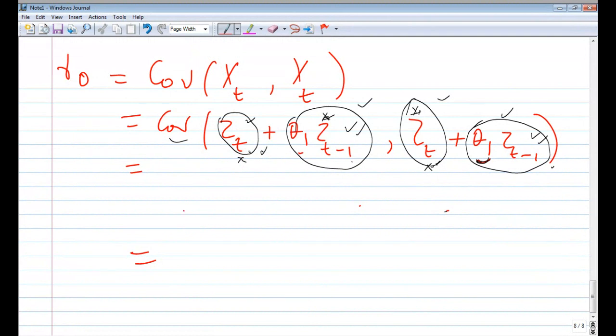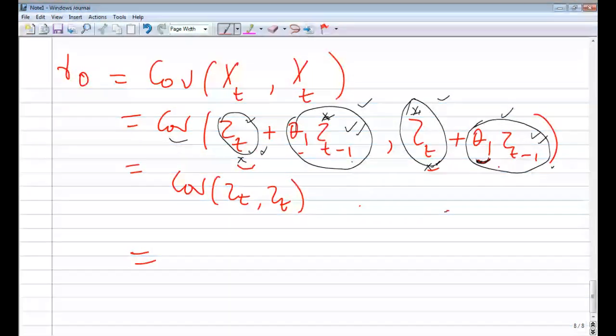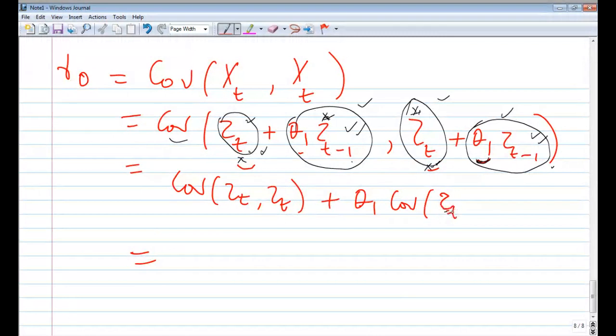I'm saying here we are taking Z_t and Z_t, isn't it? So it's the covariance of Z_t and Z_t. Then you take Z_t and theta 1 Z_{t-1}, so you're going to have plus theta 1, the covariance of Z_t and Z_{t-1}.